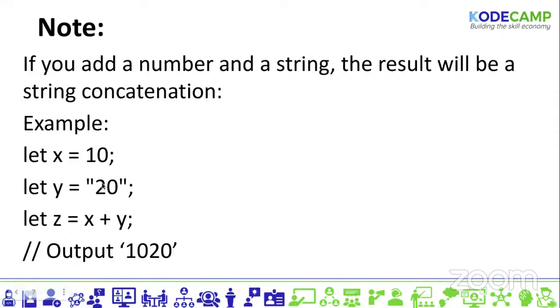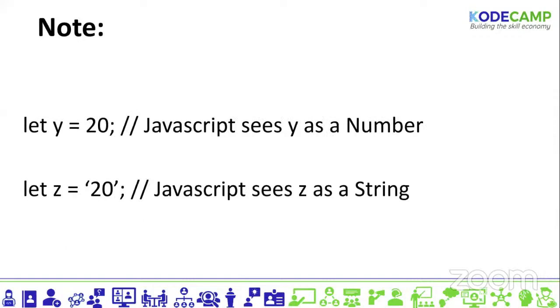Trying to add these two would give you this result. You can only add two numbers. You can't add a number and a string, or a string and a string, and get a number. That doesn't work.